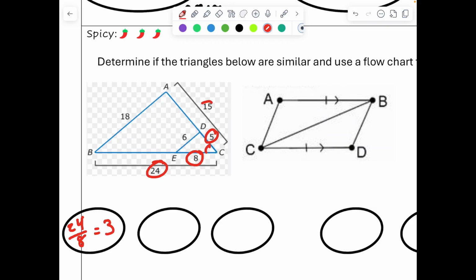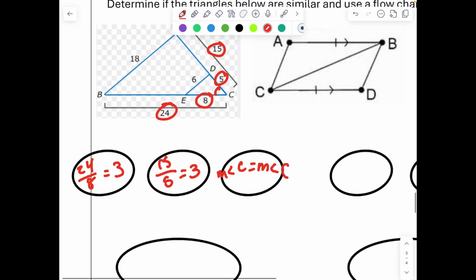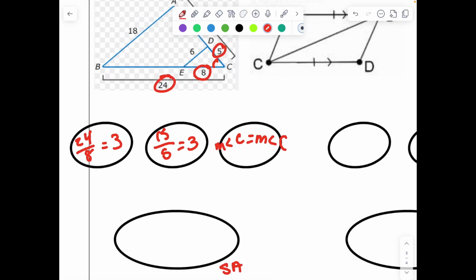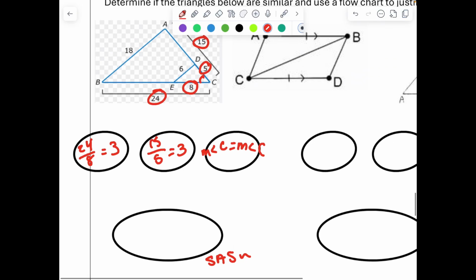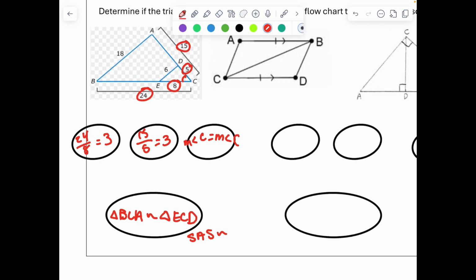And then on the other side, we have 5 and 15. 15 over 5 is also 3. So those sides are proportional. The ratios of their sides are the same. And then I'm going to say the measure of angle C is equal to the measure of angle C. So we're doing side, angle, side similarity. So triangle BCA is similar to triangle ECD.